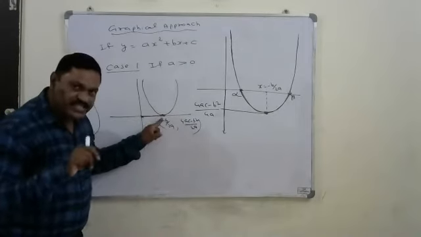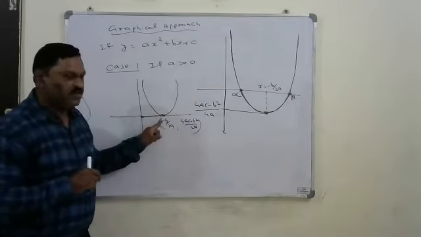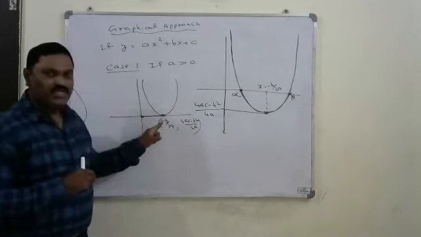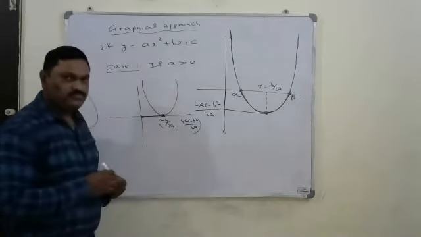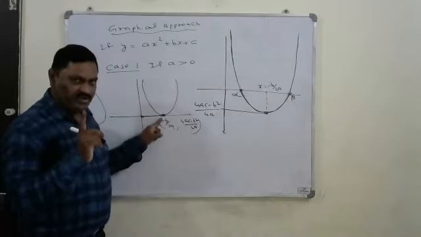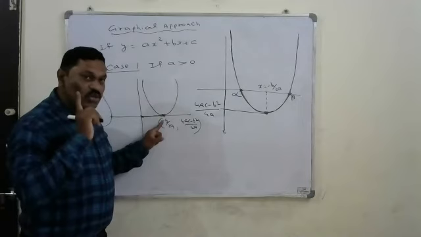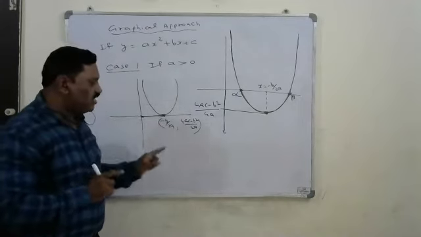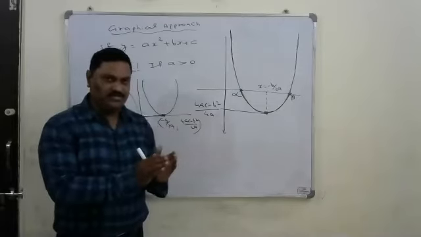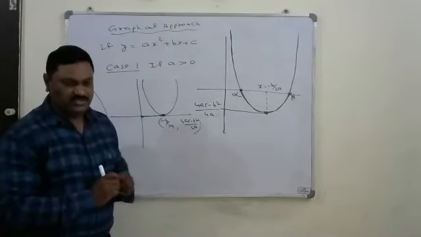Means the minimum value is 0, y is equal to 0 here. At how many points does it meet the x-axis? Only one point. It will have only one real solution. In such cases, we say that the roots are equal. Understand?